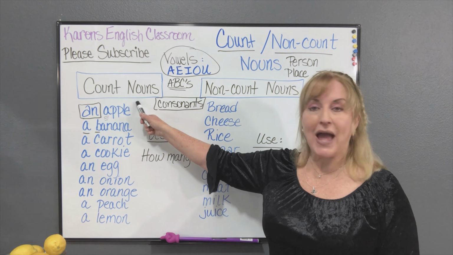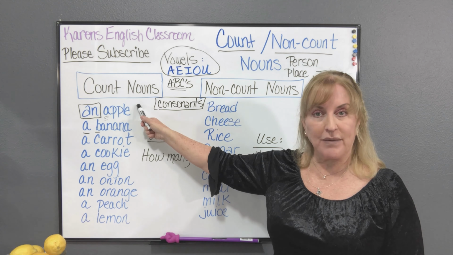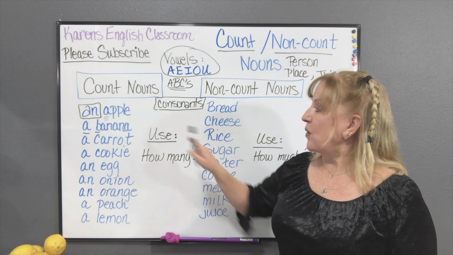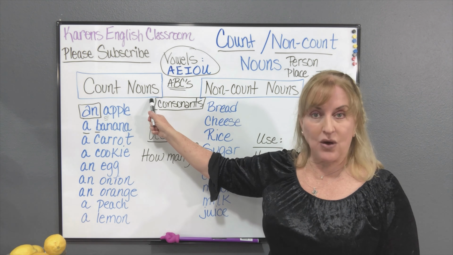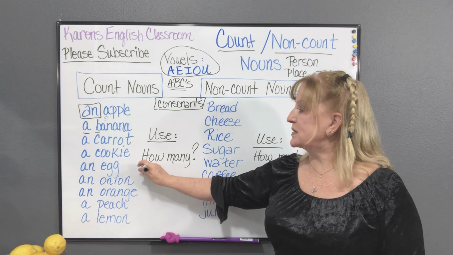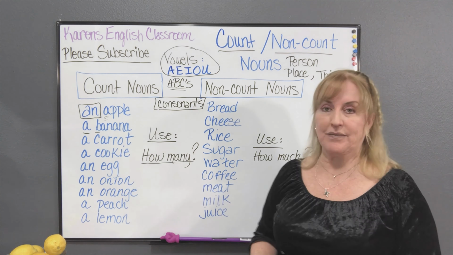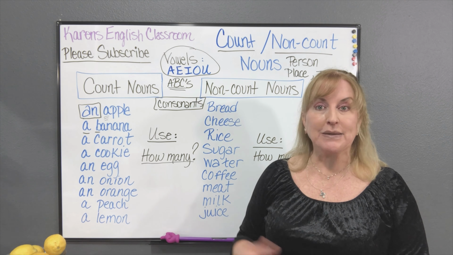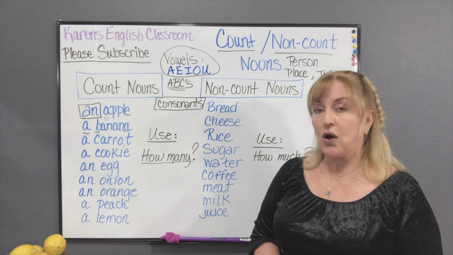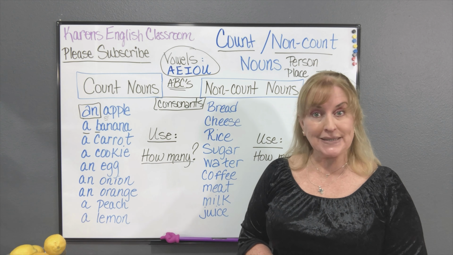These are count nouns. I can count them. Now, when I ask a question with count nouns, I am going to use how many. For example, I go to the store and I get some lemons. I say, would you like some lemons?